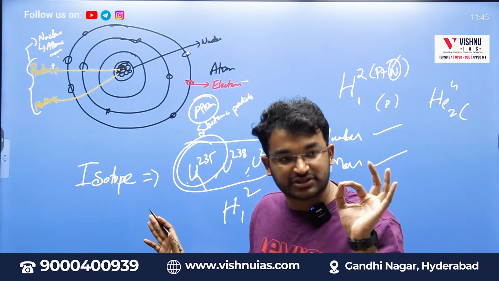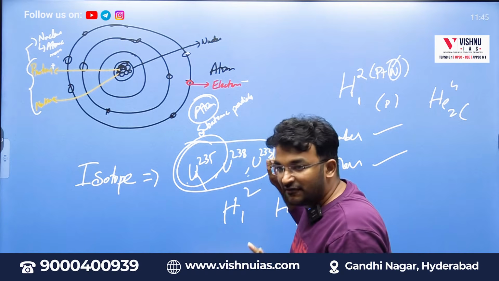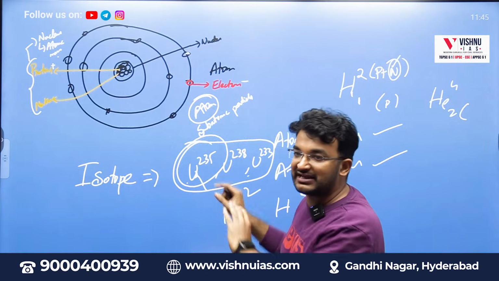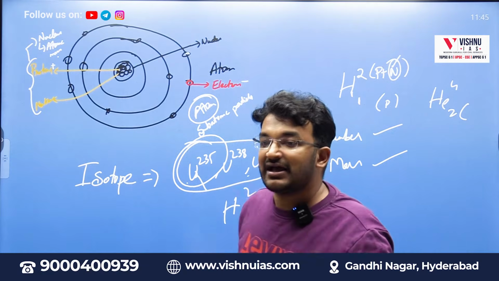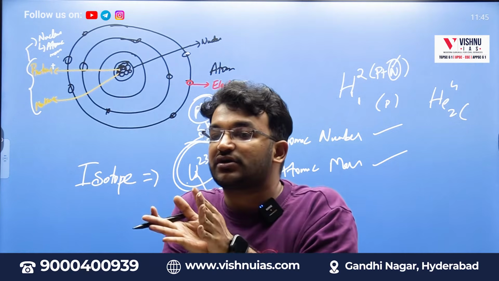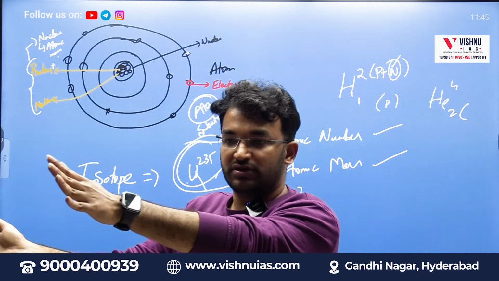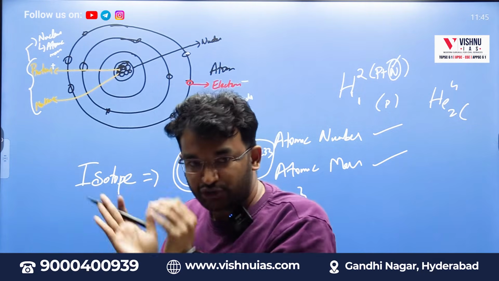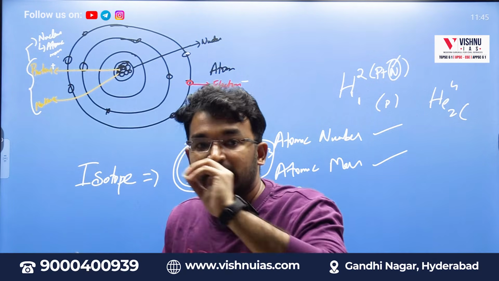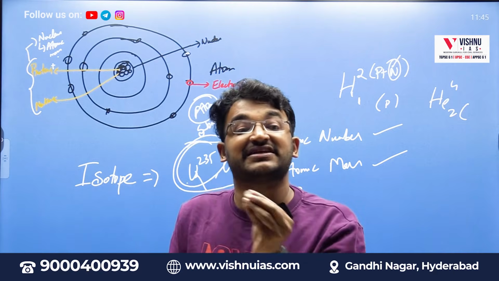Why are we calling this nuclear reaction? Because when we will be hitting this uranium with a neutron, this will be affecting the nucleus, and that nucleus will be forming into two different nuclei. Uranium changes again into different atoms like barium and krypton. Now along with that energy will be released.